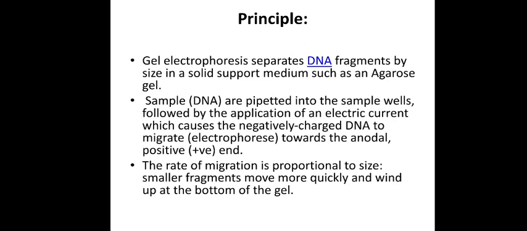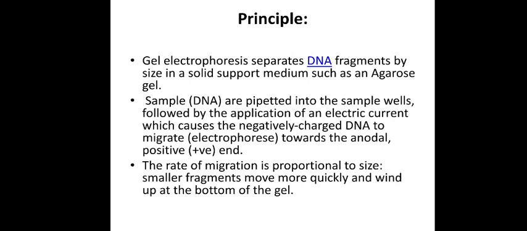Here there is one more important thing. The DNA will be negatively charged. So you are allowing this negatively charged DNA to move towards the positive electrode. And remember, cathodes are negatively charged electrodes, anodes are positively charged electrodes. So you are inserting the DNA fragments at the negatively charged electrode, because these are also negatively charged DNA.